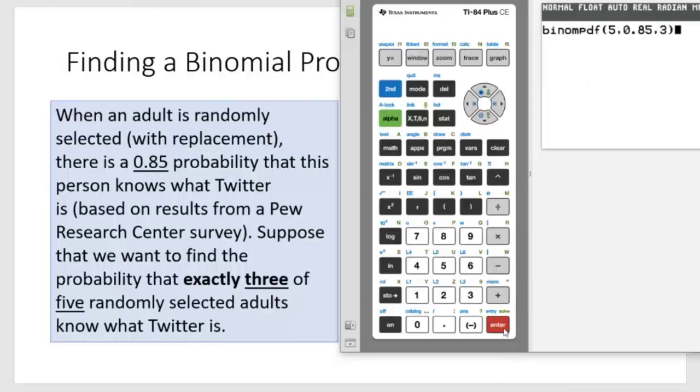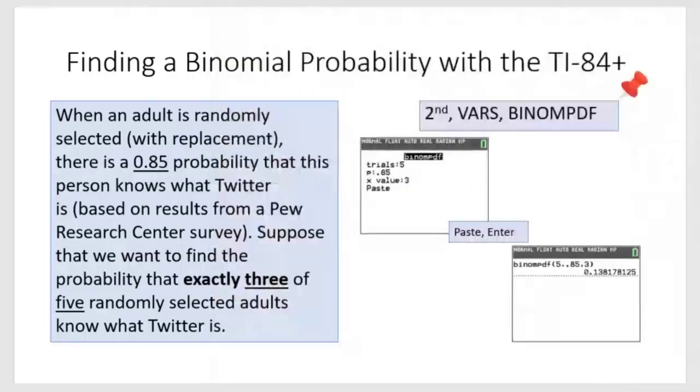Okay, paste and enter. And I get this decimal, which is exactly what's on the screen there. It's just a lot smaller print. So that probability is approximately 0.138. And generally on probability, we round to 3 decimal places, but always make sure that you read your instructions carefully. So 0.138.